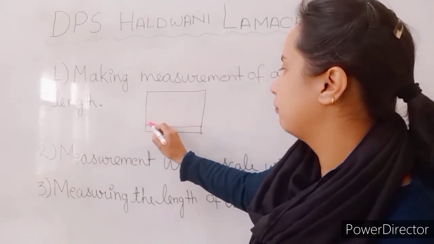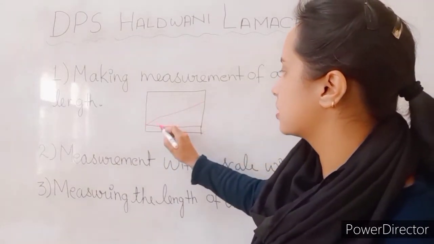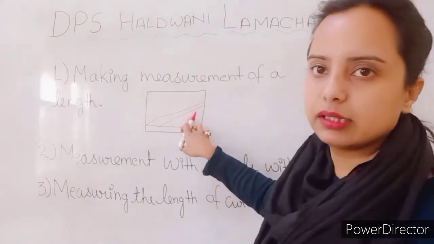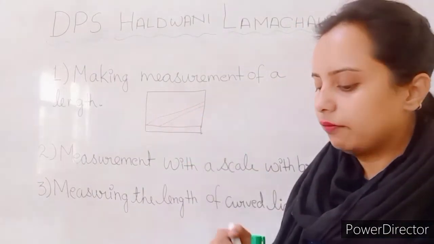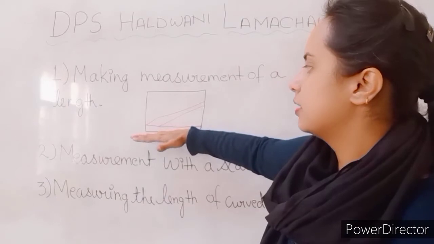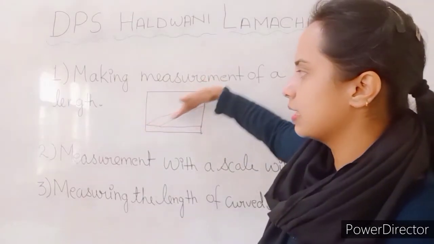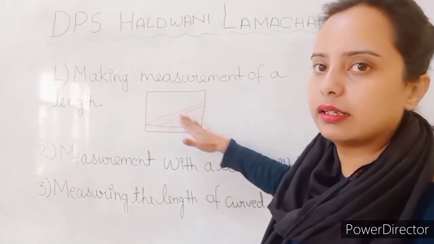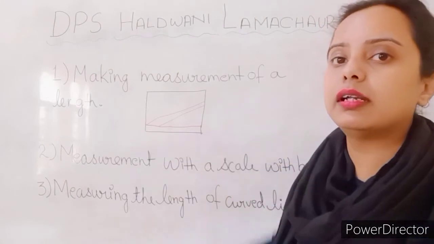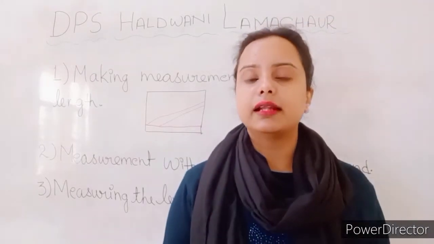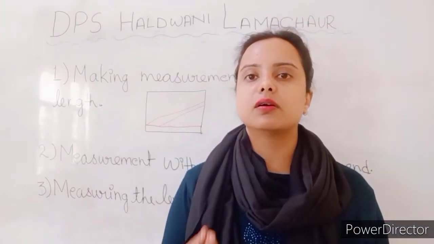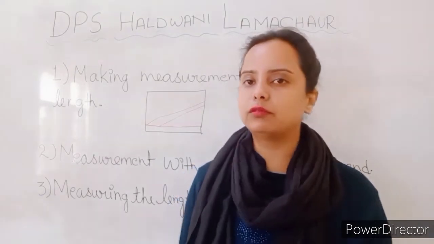If we take the scale like this, it is a wrong method. We have to arrange the scale straight, not slanting, not like this, in the straight one. Then only can we take the exact and proper measurement of any object.